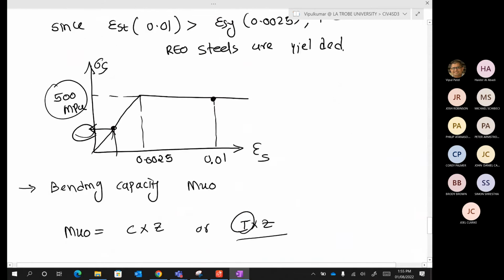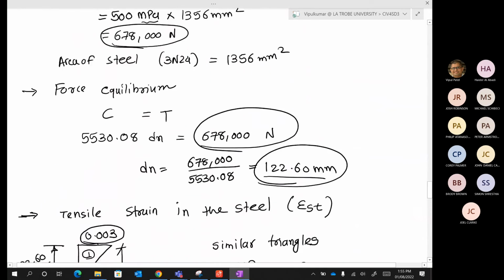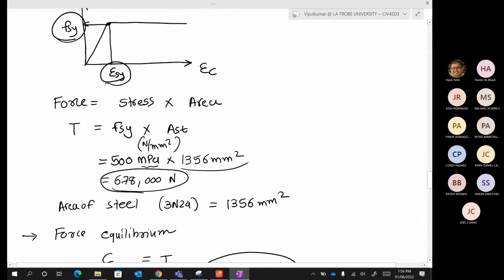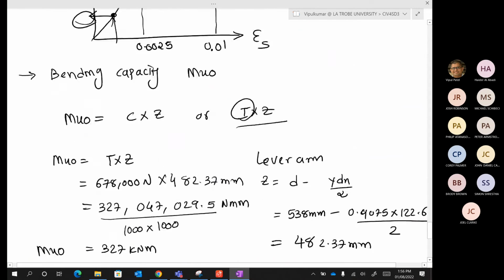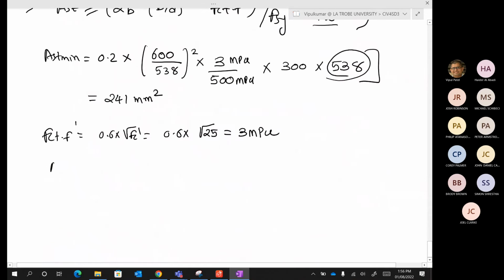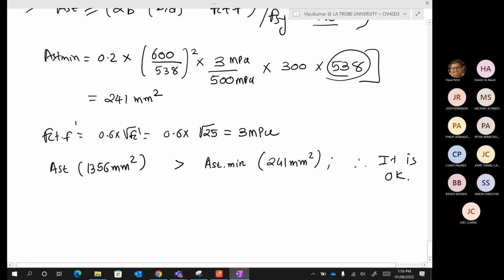Our Ast was how much? Our Ast was 1356 millimeters squared, which is greater than Ast minimum of 241 millimeters squared. Therefore, it is okay, right?